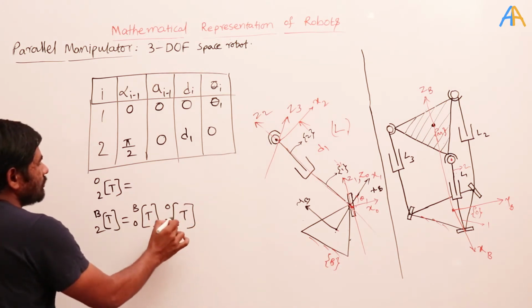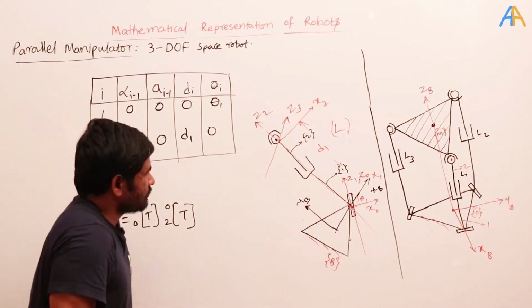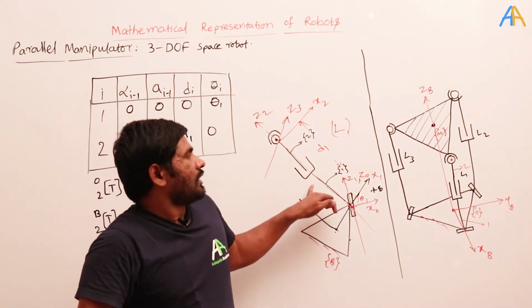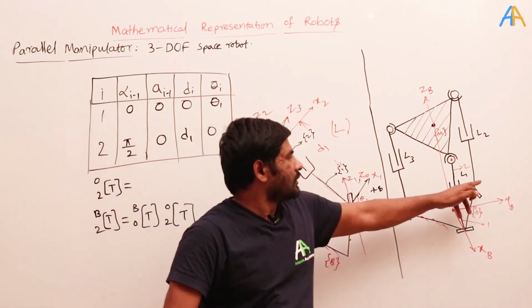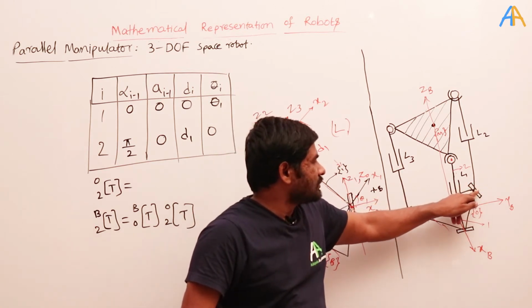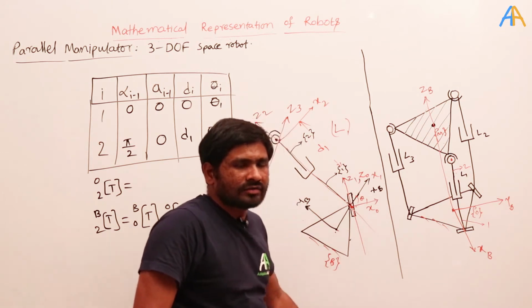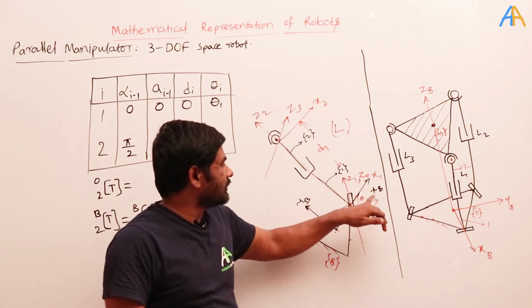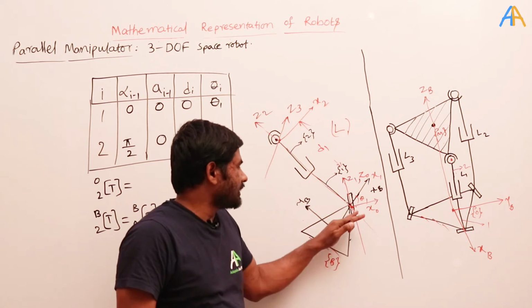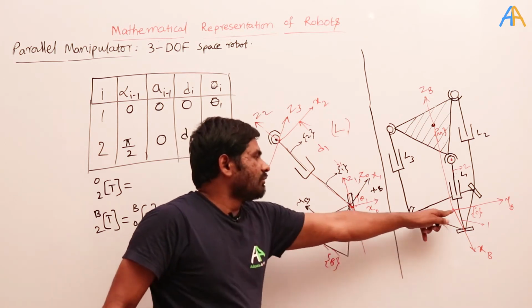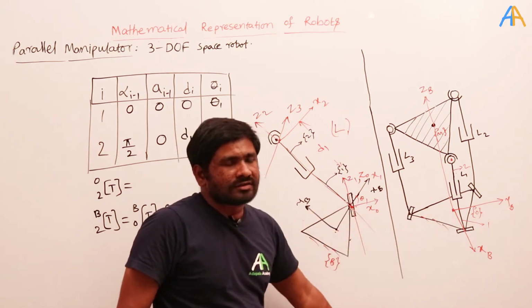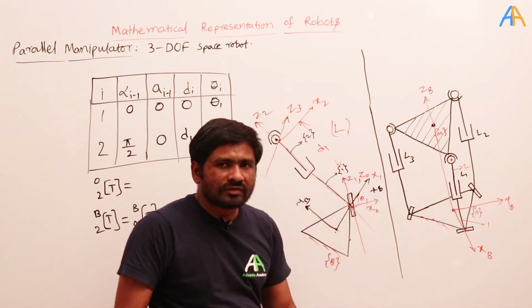And here if you observe, this is link 1. Instead of link 1, if I take link 2, then again I will choose the coordinate system here, like in this case. The z0, x0 I will choose exactly like this, but the only thing is that the orientation of the base coordinate system with respect to link 2 is changing.